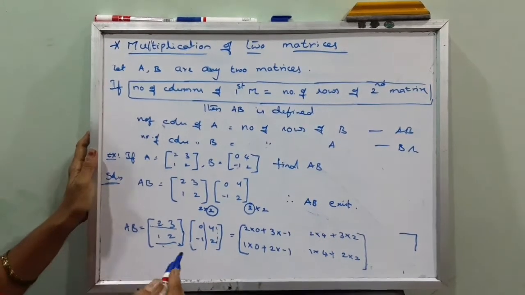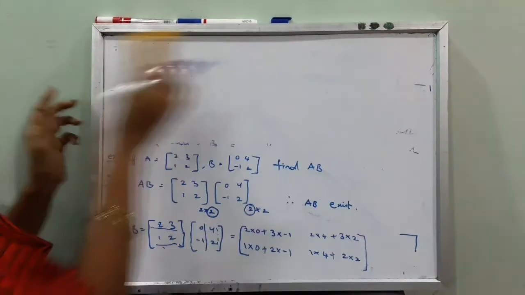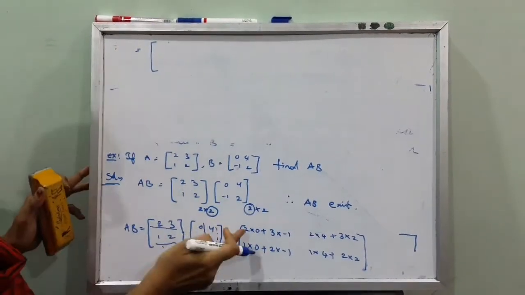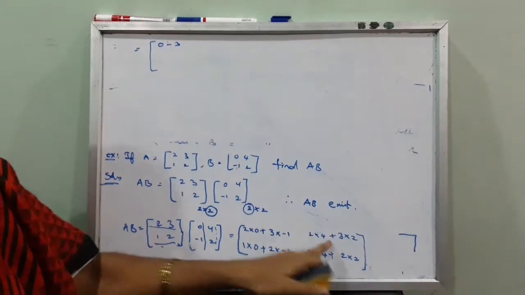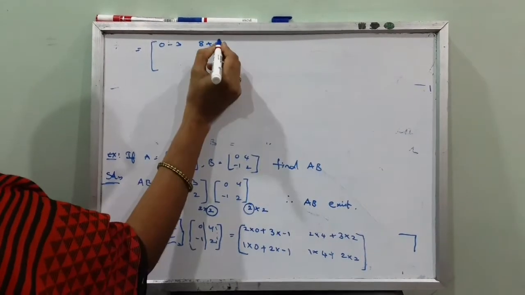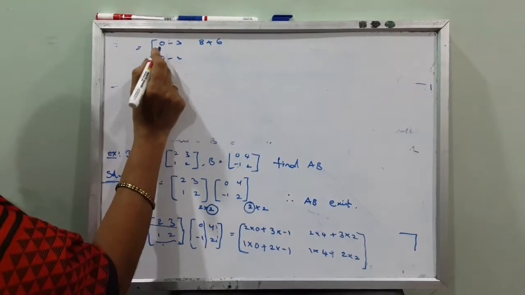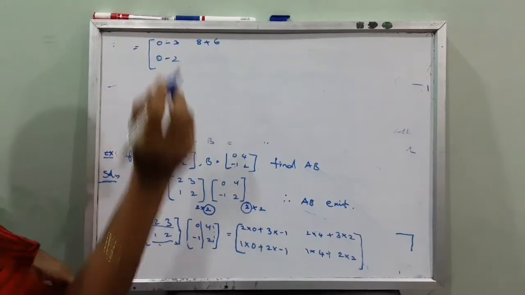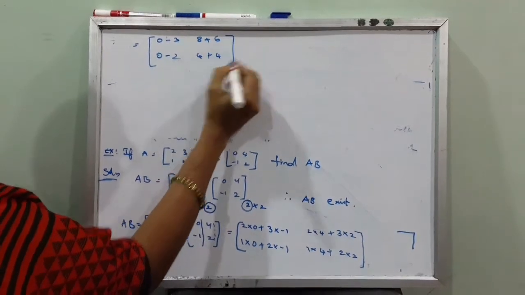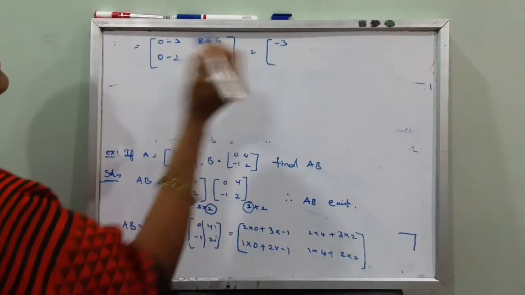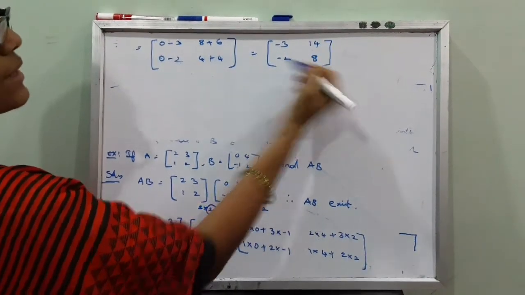Which is equal to 0 minus 3, which is minus 3; 8 plus 6, which is 14; 0 minus 2, which is minus 2; 4 plus 4, which is 8.